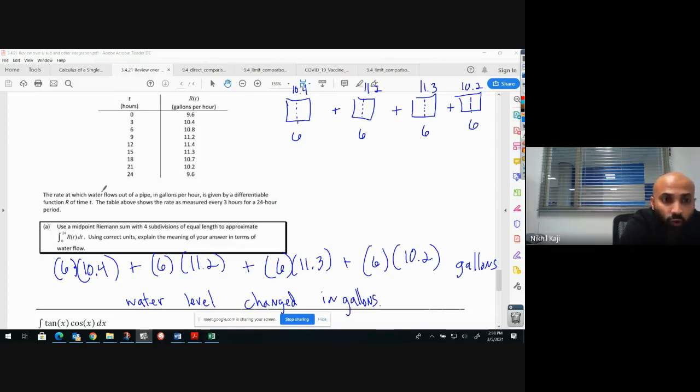Another way of saying this is the total amount of water that came out of a pipe. I would also mention the time from 0 to 24 hours. Yeah, that's including everything. So that's how much the water level changed by this much, or water came out of the pipe.